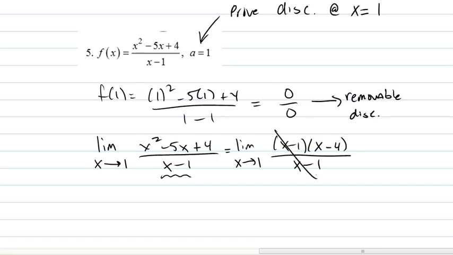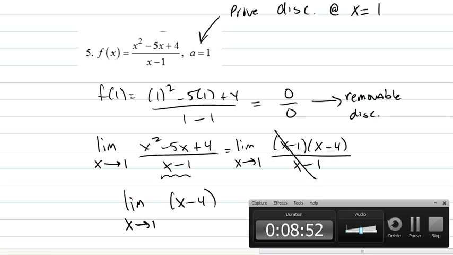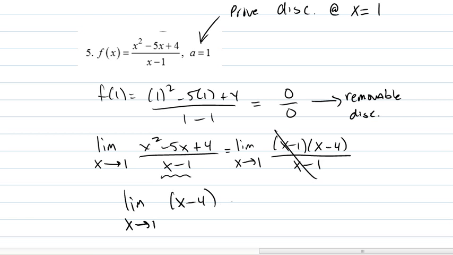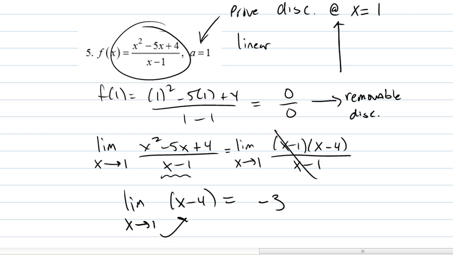We see that those factors cancel, and now I'm left with the limit as x approaches 1 of x minus 4. And if I take the limit right now, it would be negative 3. So this graph right here is actually linear, because this is my final equation after I factor it.